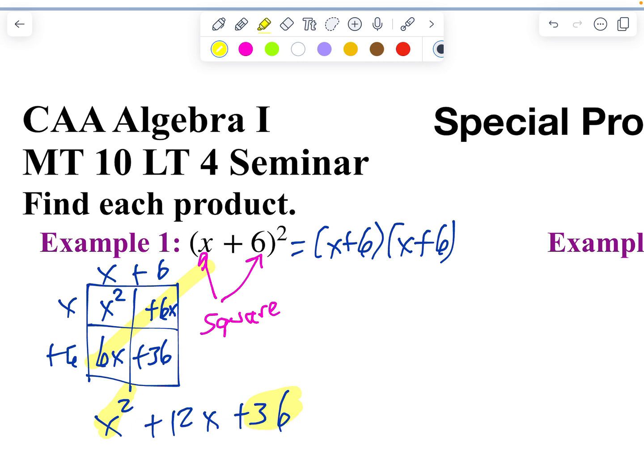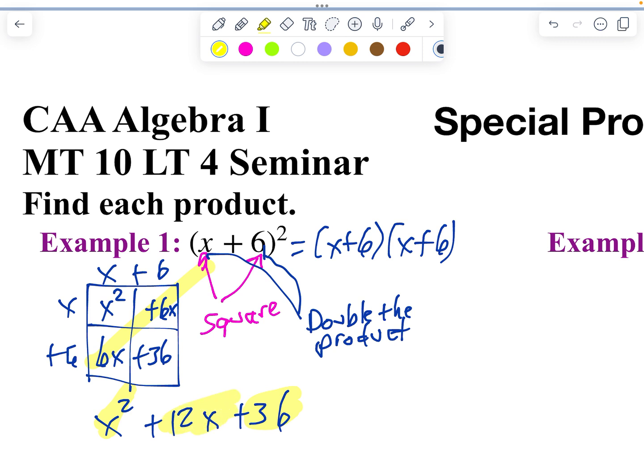So I take those two terms and double their product for the middle term. If I take 6 times x, I double it, I get 12x. That's where that comes from.